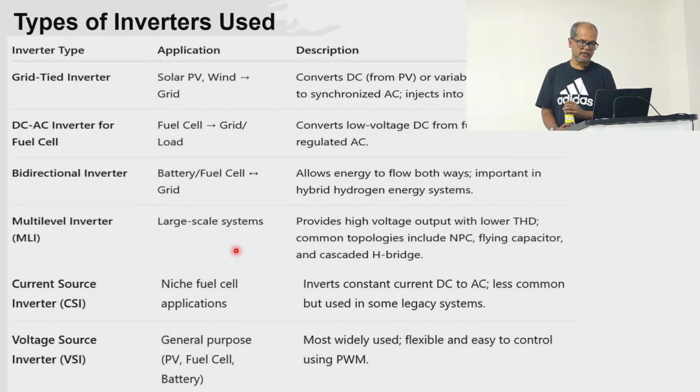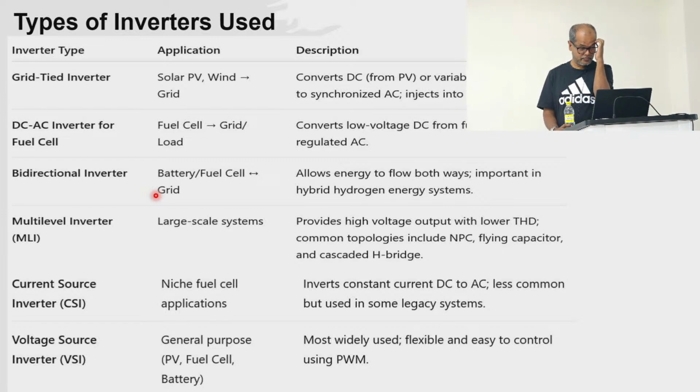It could be DC from a fuel cell, DC from PV, or even DC from the battery. Some of them are single stage, some multi-stage, some unidirectional, some multi-directional, and some even have multi-level. We also have either current source or voltage source, which is more grid following and grid forming.